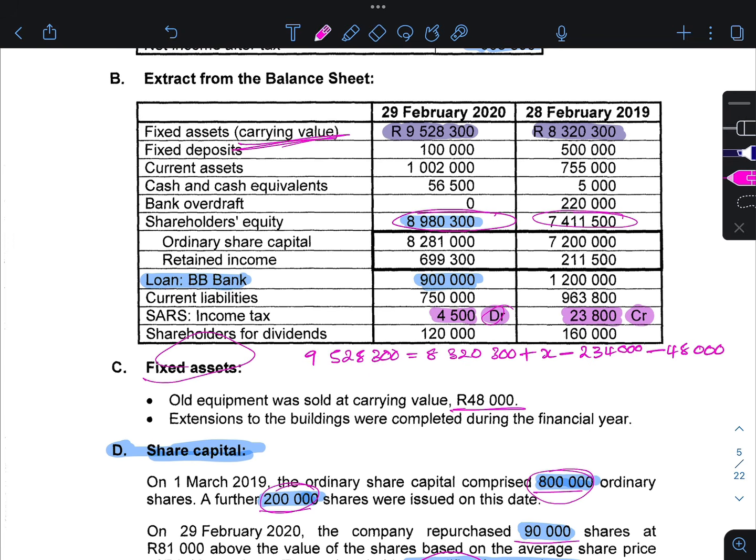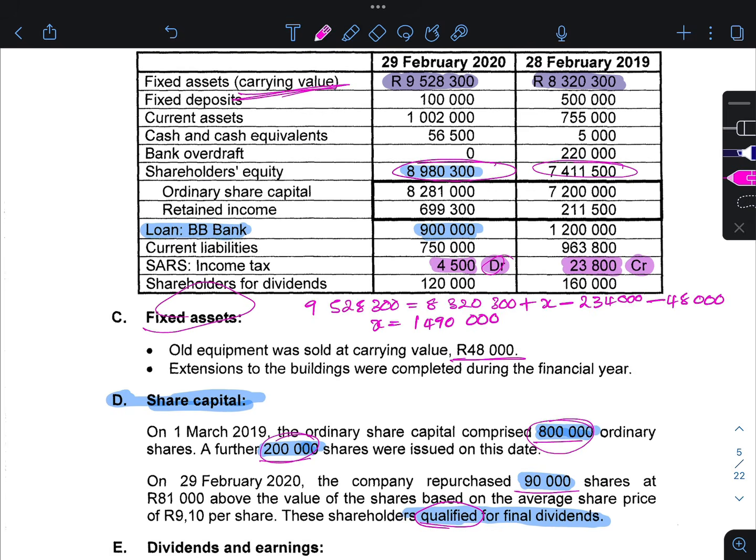Okay, X being equal to 1,490,000. Okay, so let's just rectify that the amounts are indeed correct.